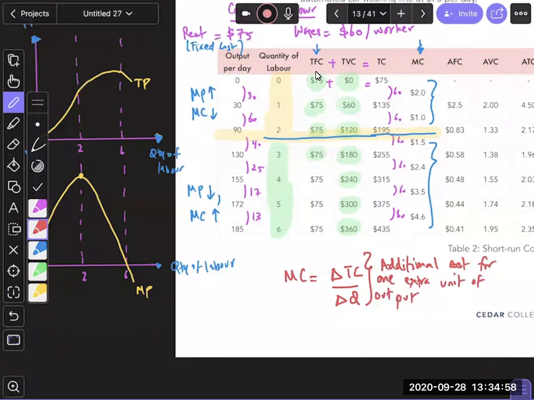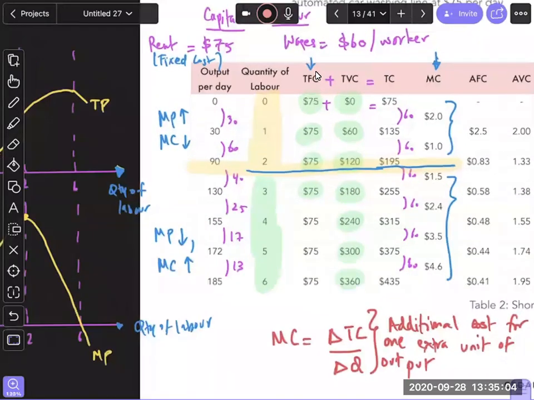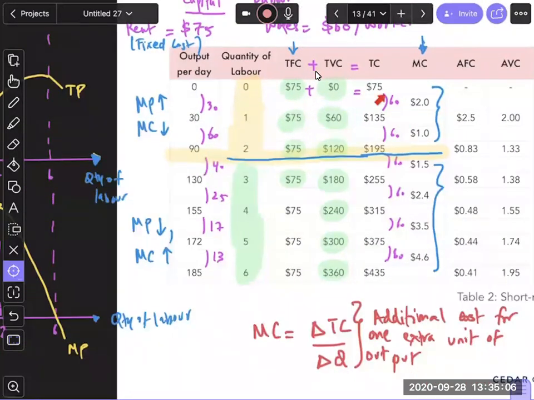When you make 1 extra unit of output, how much is your additional cost? Look at what we've done here. When you made 30 extra units, your cost was going up by 60. The change in cost is 60, the change in output is 30, and 60 divided by 30 is 2.